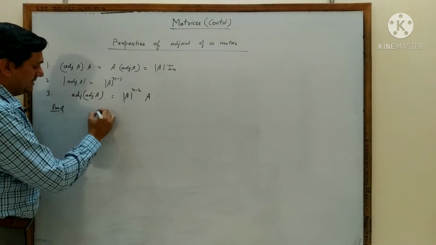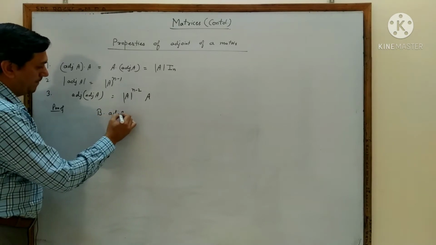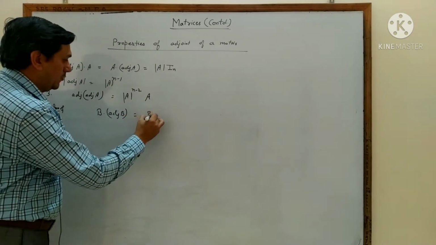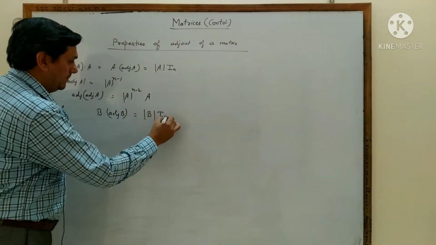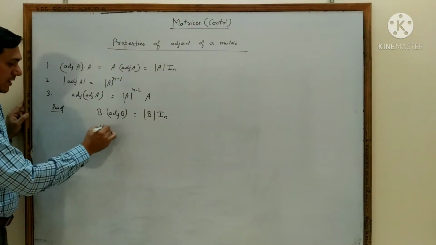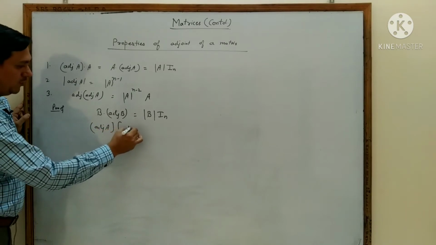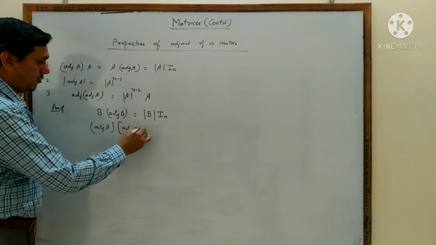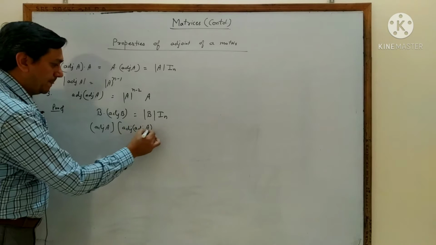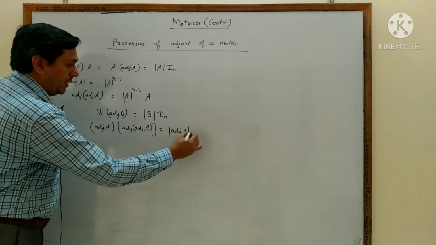We can write B multiplied by adjoint of B is equal to determinant of B times In. If we replace B by adjoint of A, then we have adjoint of A multiplied by adjoint of adjoint of A is equal to determinant of adjoint of A times In.